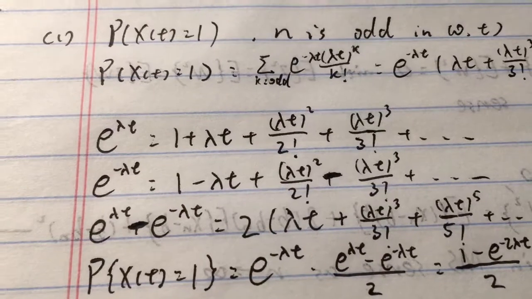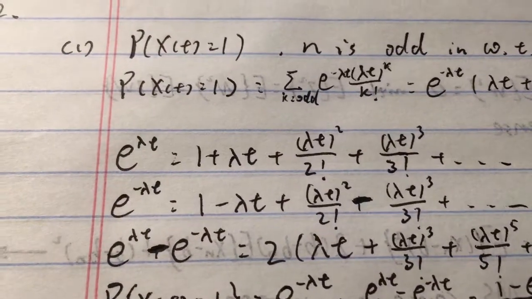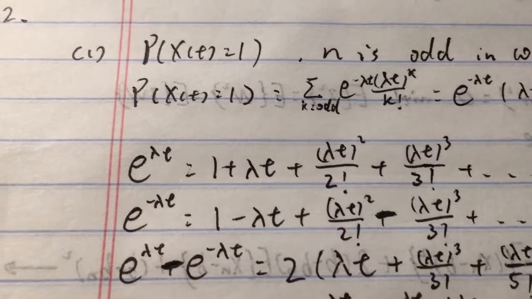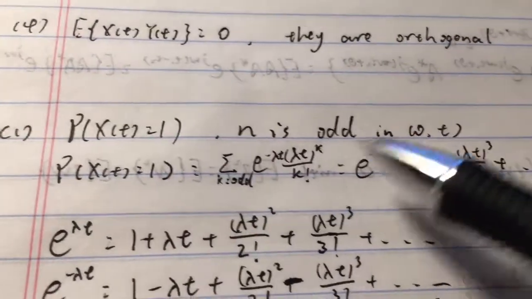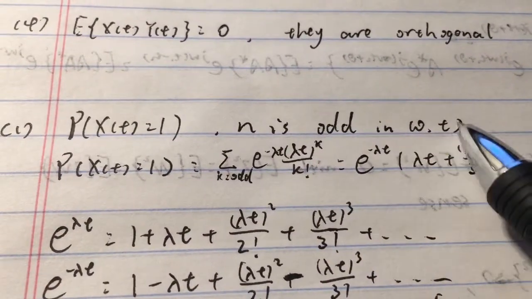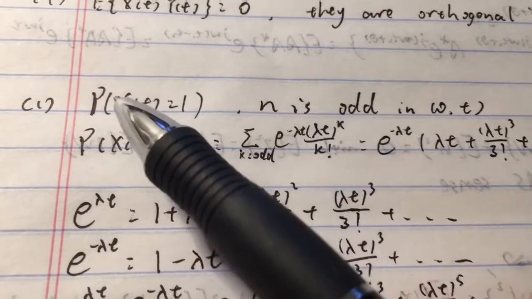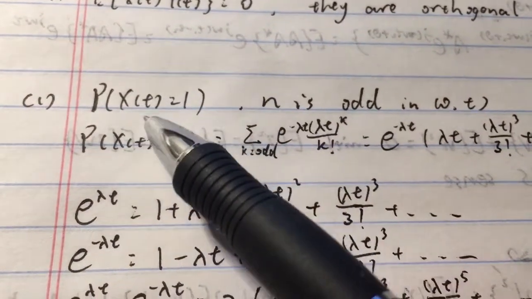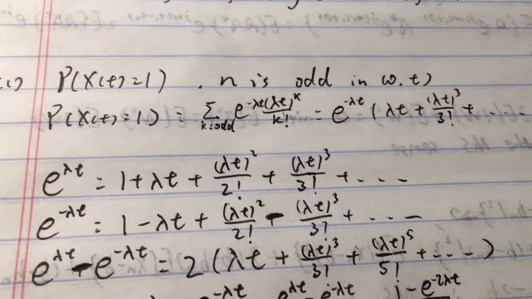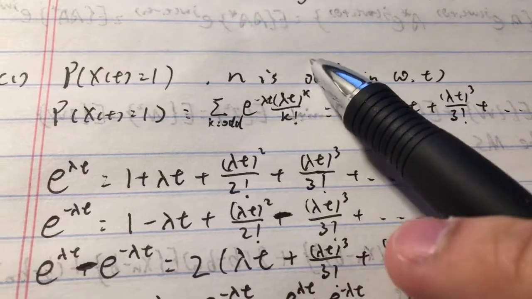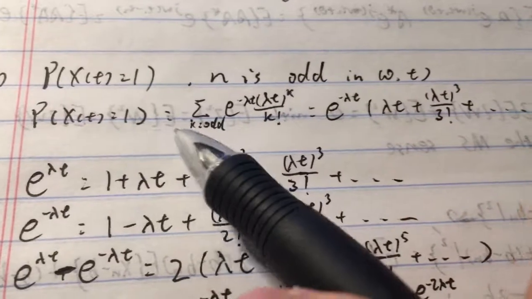We have all these conditions, and in the first question we need to find the probability of X(t) equals 1. First we know that N is odd in 0 to t. Then if N is odd in 0 to t, X equals 1. So we just put all of the conditions into the Poisson process.